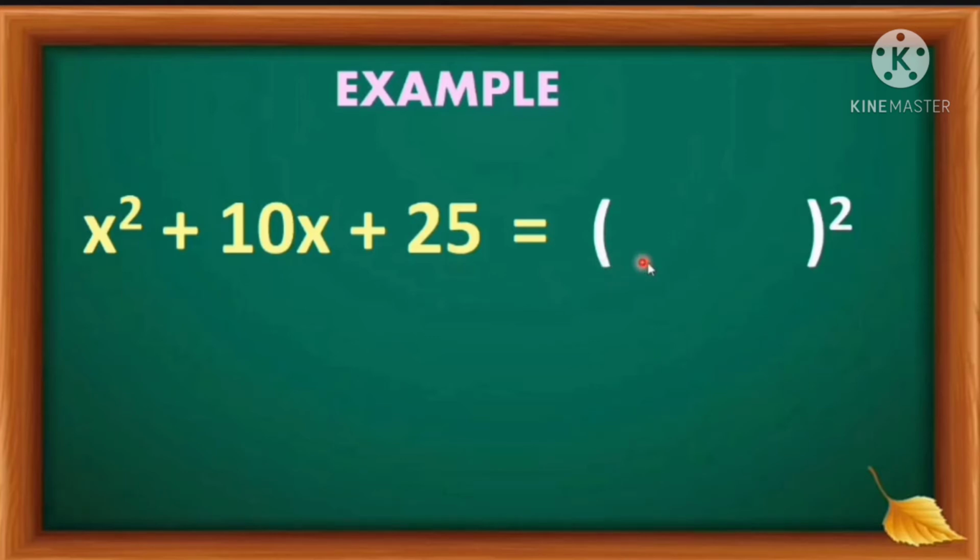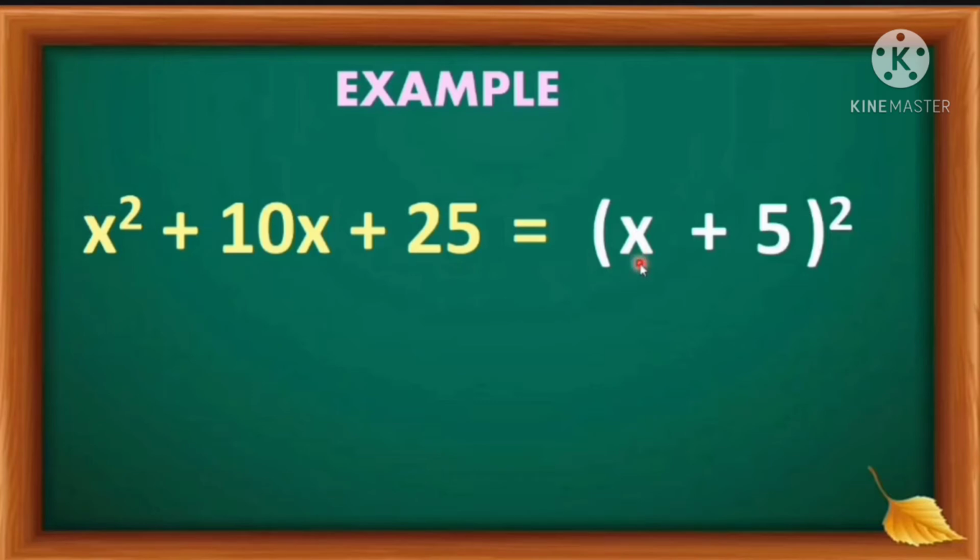So meaning, magkakaroon tayo dito ng binomial. Saan galing yung mga terms na yon? First, we have the square root of x squared, or the square root of the first term, that is x. And then, since the middle term is positive, plus yung ilalagay natin. And then, next is the square root of the third term, meaning the square root of 25, that is 5.